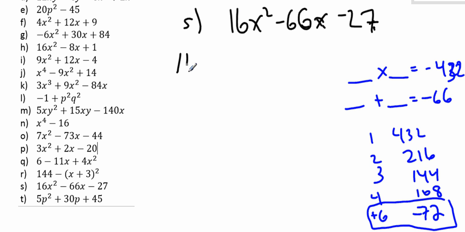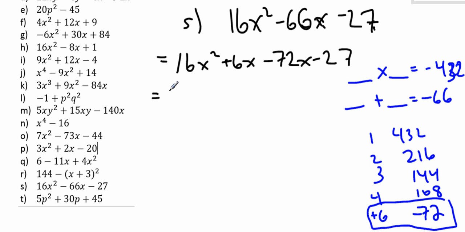So decompose. That middle term becomes positive 6x minus 72x. Common factor the first two. Common factor the second two.